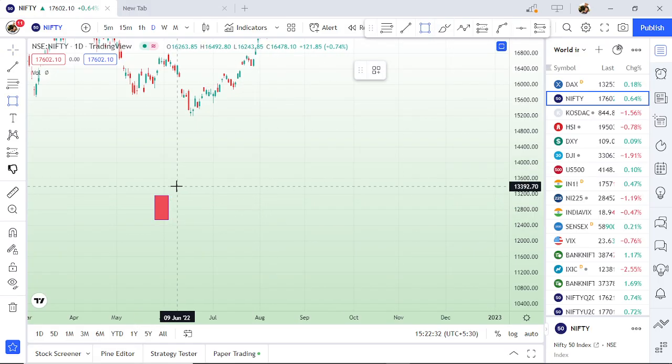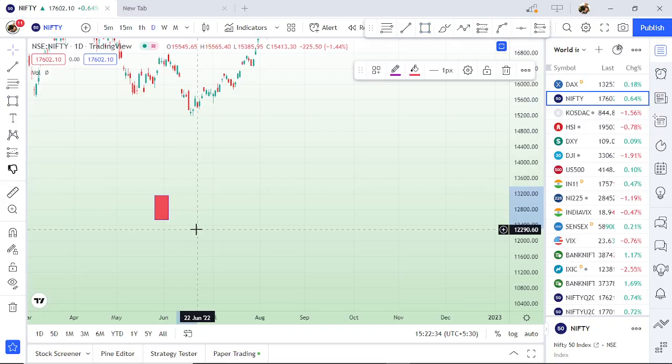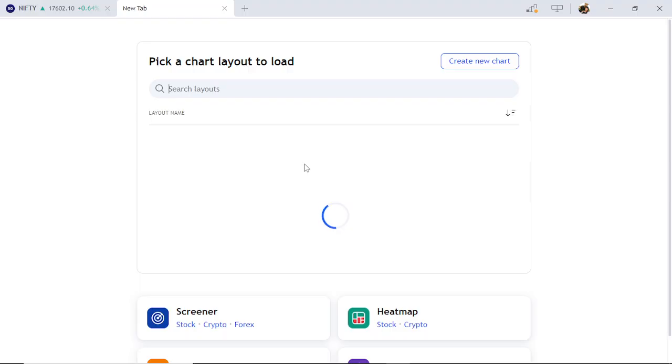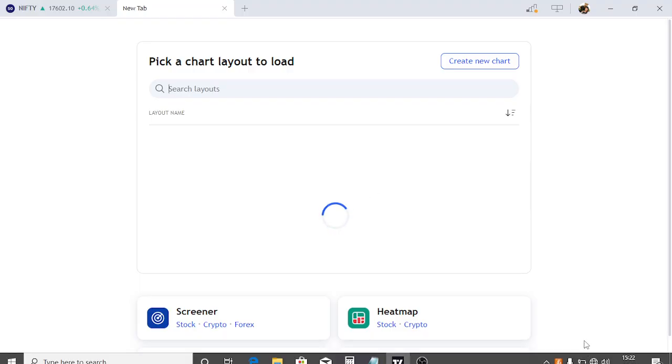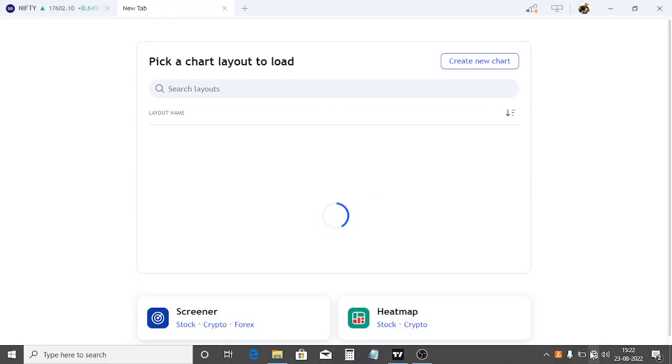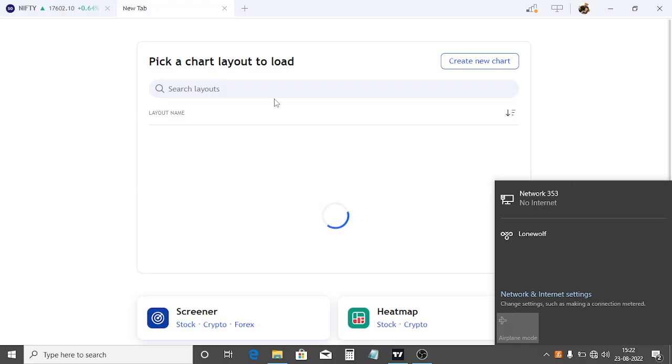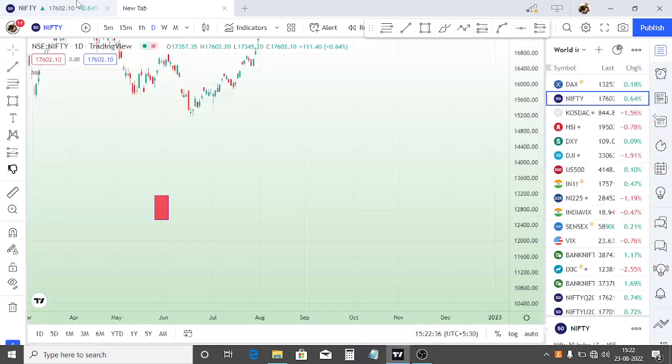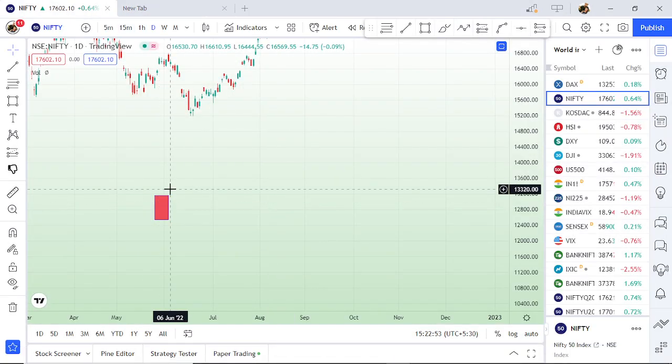The candle is not working, so please bear with me, guys. Because there's a network issue, there's no internet, that's the reason I'm not able to draw this.